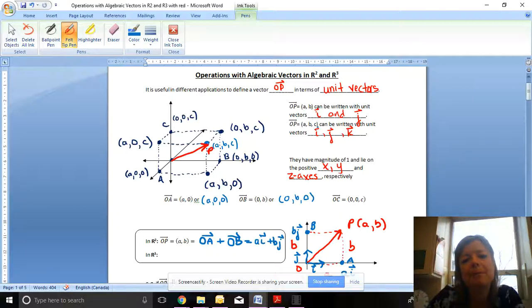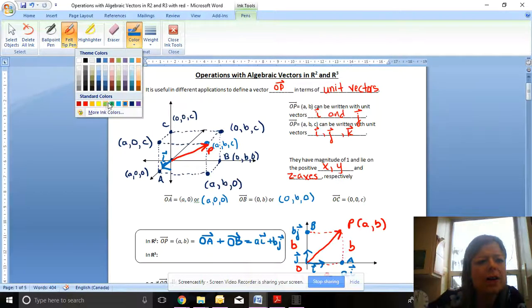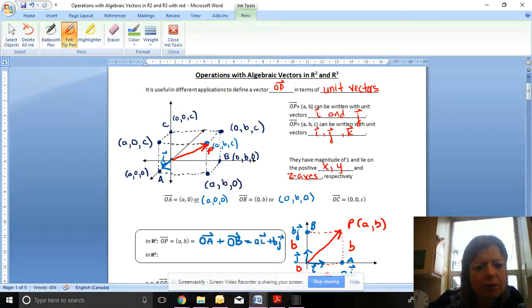Now OP, (a, b, c), in 3 space, can be written with unit vectors i, j, and k. So i, again, lies in the x direction and is 1 long. That is i right there. I'll use different colors here. And then j is in the y direction and 1 unit long.